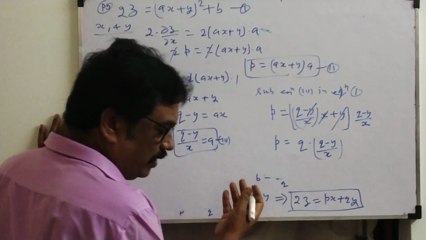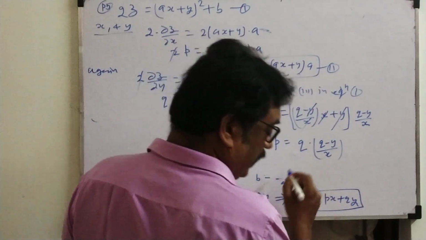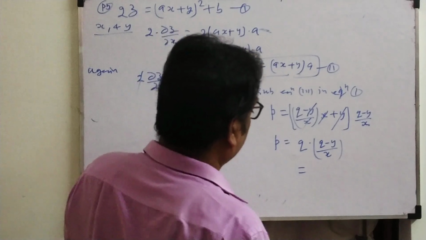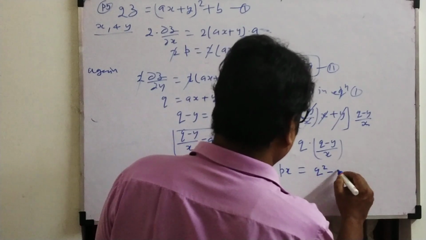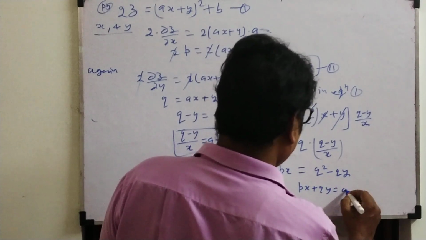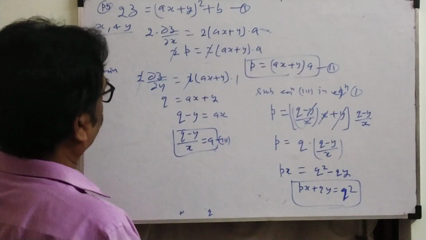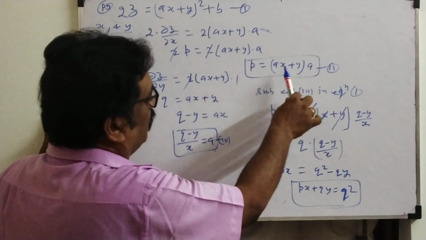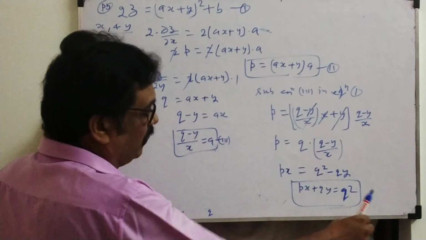You can keep this as the answer, or you can simplify here. px equal to q square minus qy. So px plus qy equal to q square. This is the form of the equation. This is called the partial differential equation. Like these, questions will be there, you have to practice a little. These equations are little bigger. Find the second equation, see the a value, substitute the a value, get the answer.